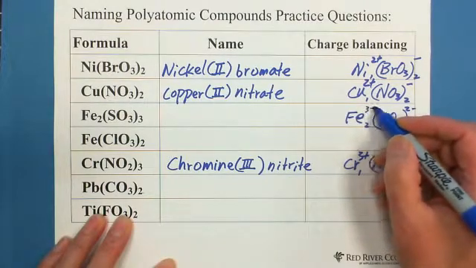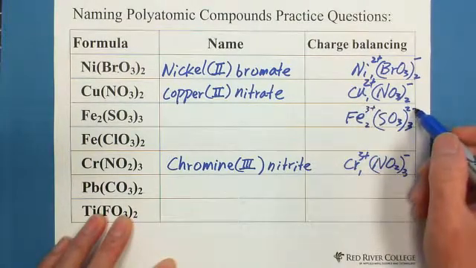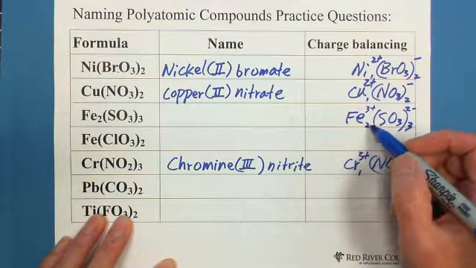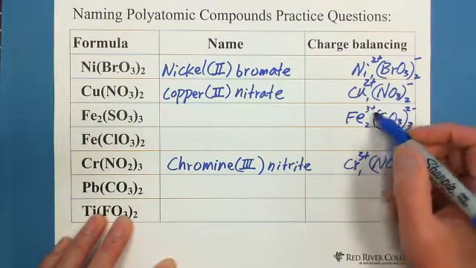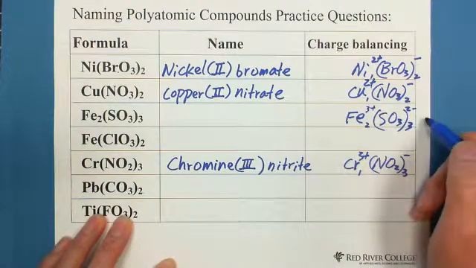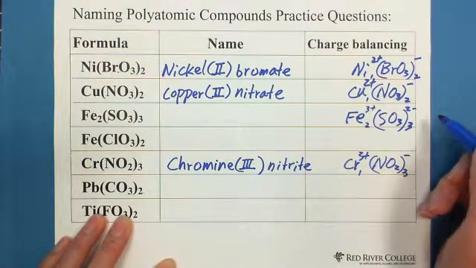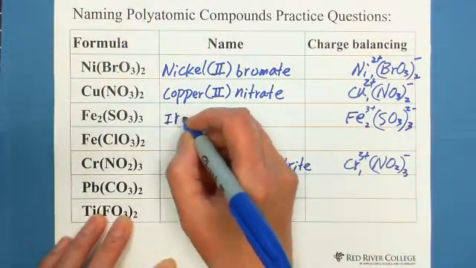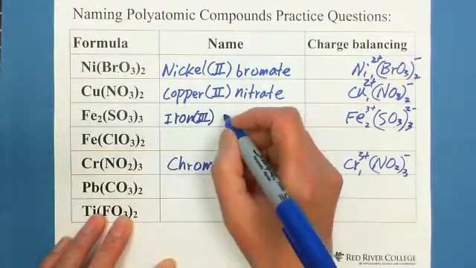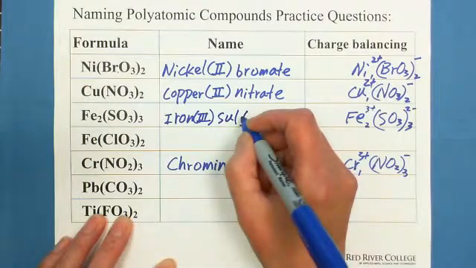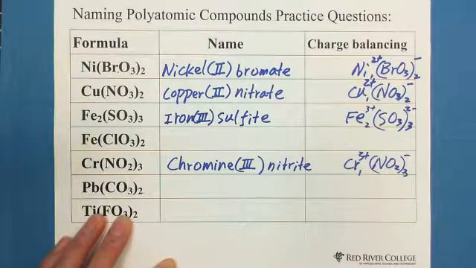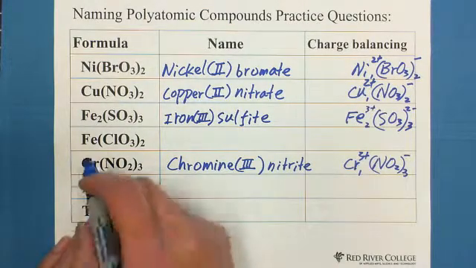That's why this is 3 positive. 2 negative multiplied by 3 ions is -6, and 2 ions, each one 3 positive, multiplied together is positive 6. That's why they balance: positive 6 plus -6 equals 0. So this is iron(III) sulfite, because SO3 is sulfite, with one oxygen less than SO4.